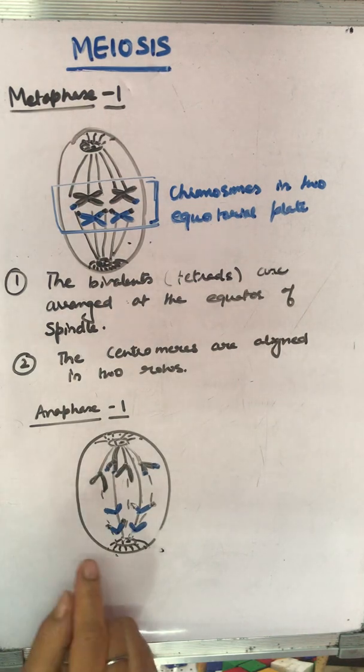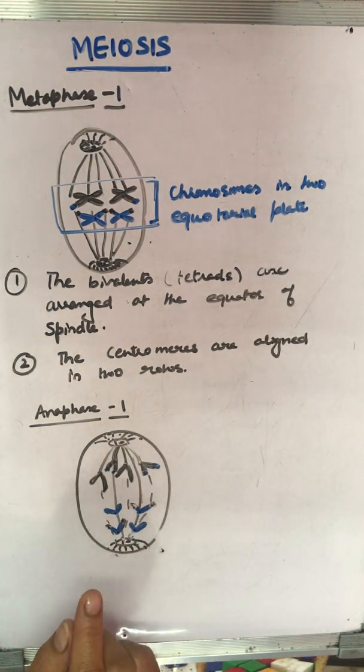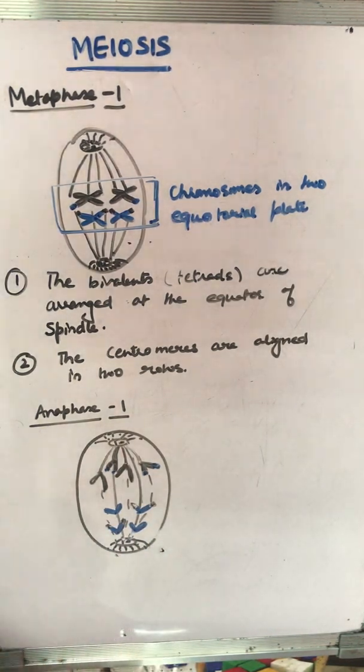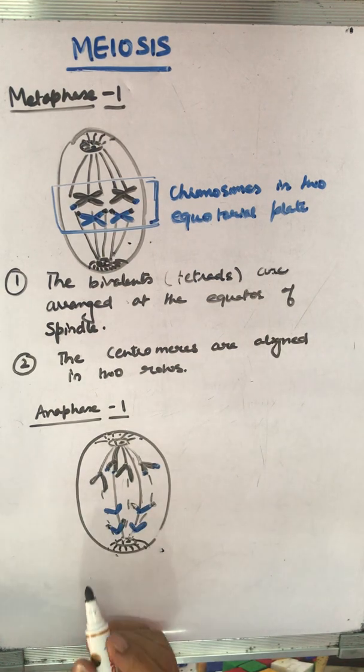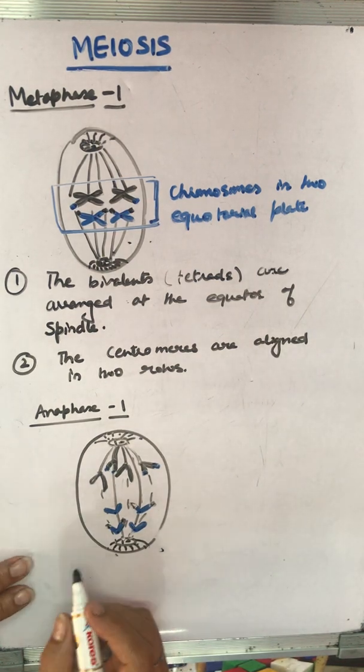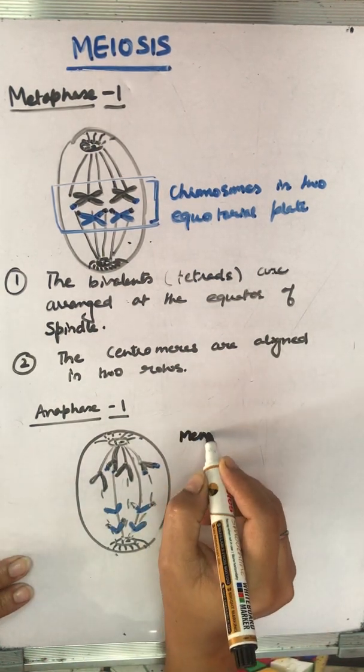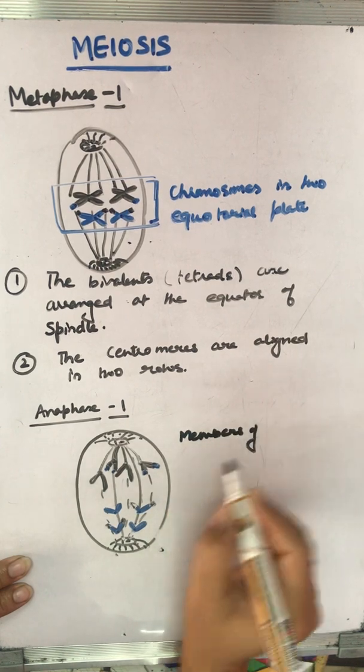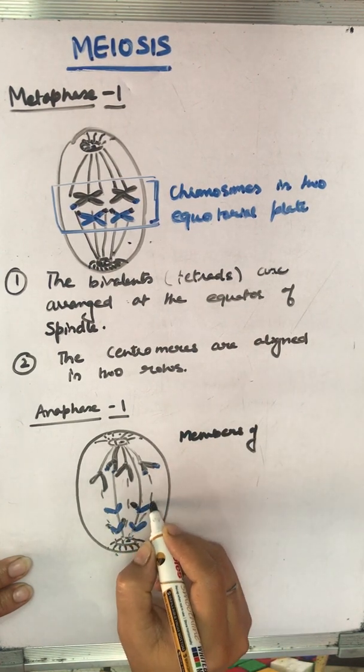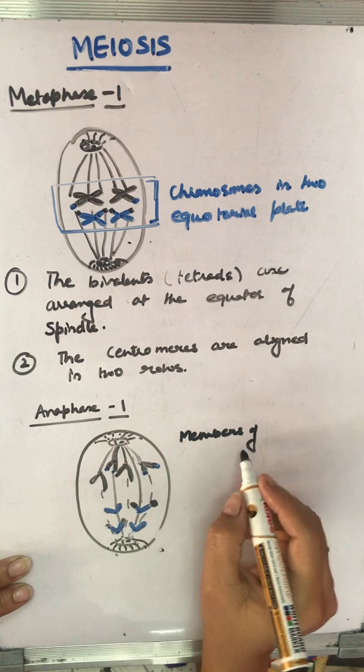So in this anaphase, we write that members of every homologous pair of chromosomes, these are homologous pairs, right?